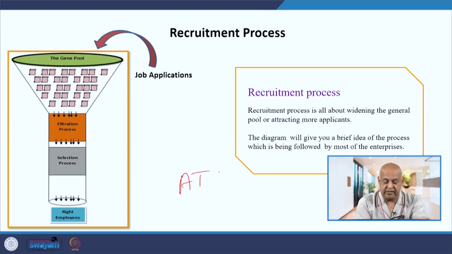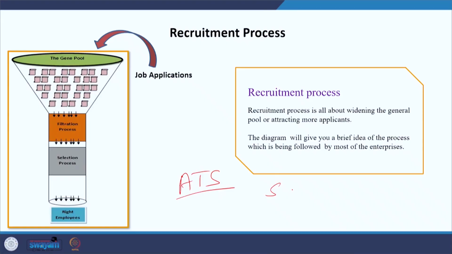So, an ATS, application tracking system, is required. When thousands of applications are there, how are they going to be screened? These are the software systems used in the application and recruitment process. They have screening, and in the screening process keywords are important.